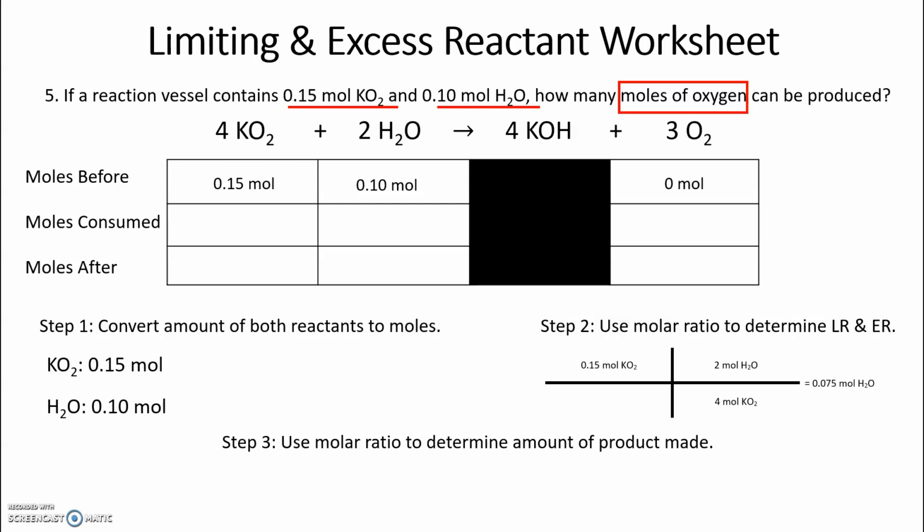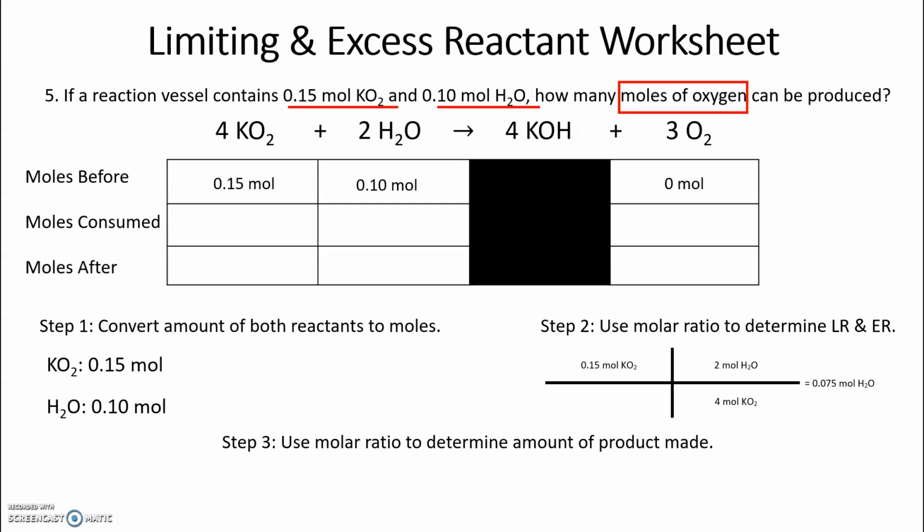So we're starting out with our 0.15 moles of KO2. We copy and paste that unit and substance, moles of KO2, down diagonally, and then we put our moles of H2O on top. So when you have moles of one substance over moles of another substance, remember we want to fill that in using our mole ratio from the coefficients in the balanced chemical equation.